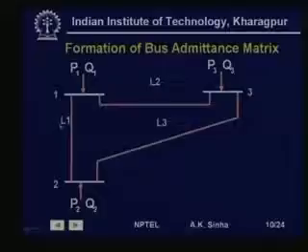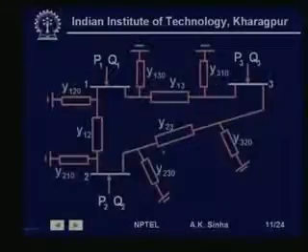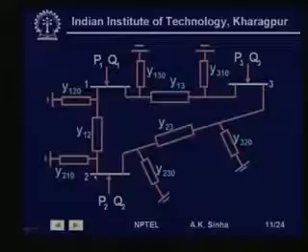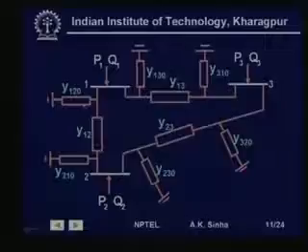Now, if you model these lines L1, L2, L3 by their pi equivalent model, then the circuit will look something like this as shown here, where for line L1 which is connecting bus 1 to bus 2, Y12 is representing the series admittance of the line, Y120 is representing the shunt admittance of the line, which is basically the line charging capacitance of the line, at the end towards bus 1.